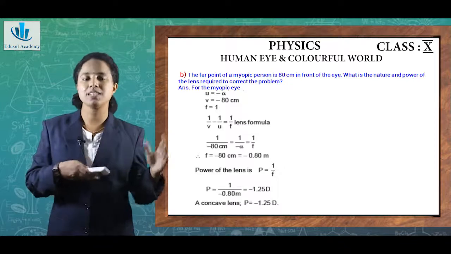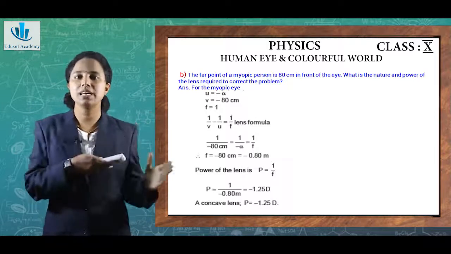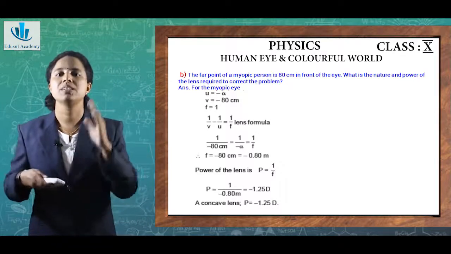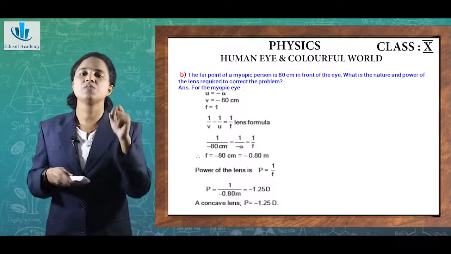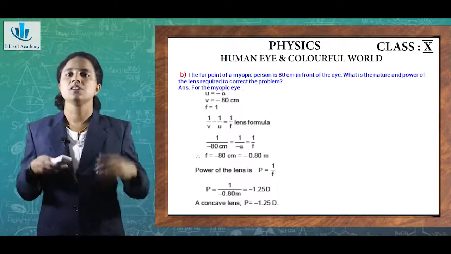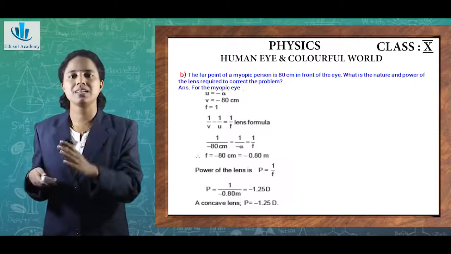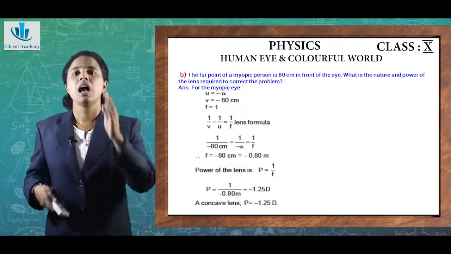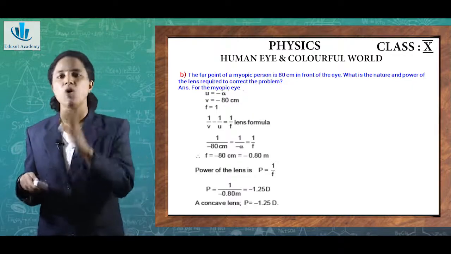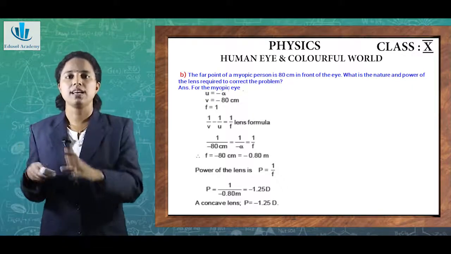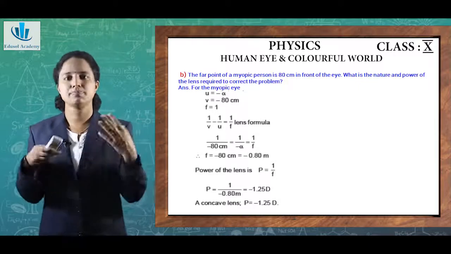But the standard unit is meter, so we convert it to meter and you will get F equals minus 0.80 meter. You are also asked to find the power of the lens. So what is the relation between power of the lens and focal length? Power equals 1 by focal length in meter. We have already converted the focal length to meter, so it's pretty easy.